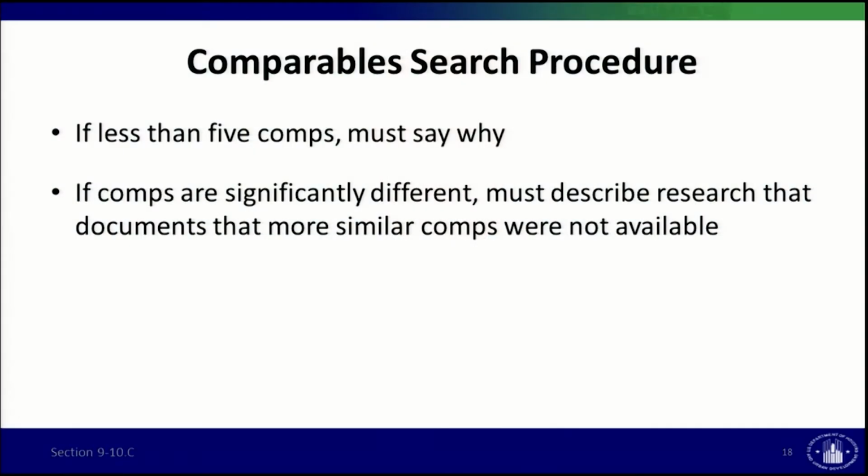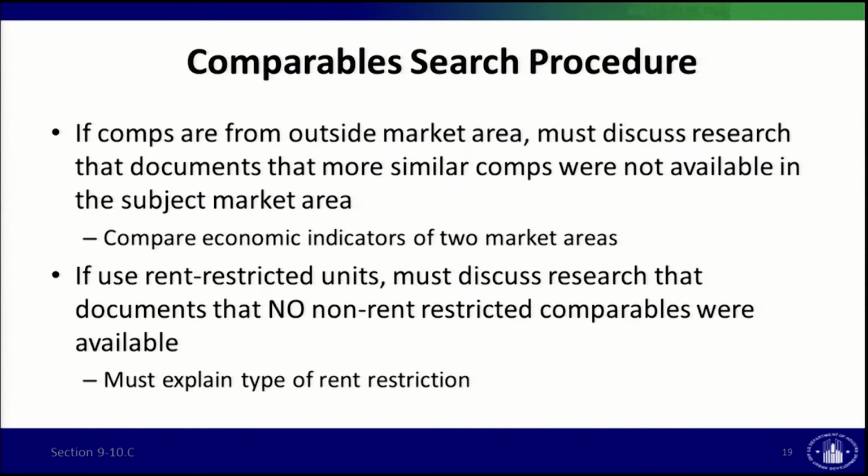For each decision that varies from the norm, you have to say why. If you provided less than 5 comps, then you have to say why. If the comp is significantly different from the subject, you must describe the research that more similar units are not available.